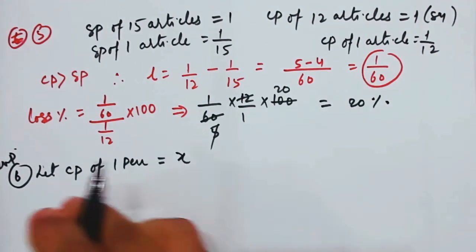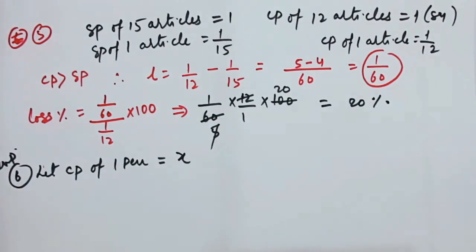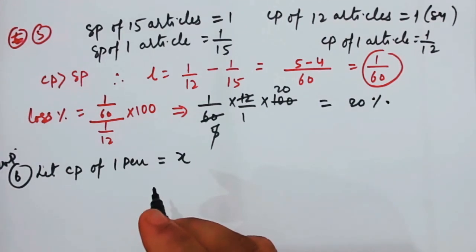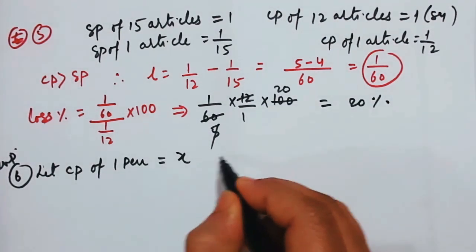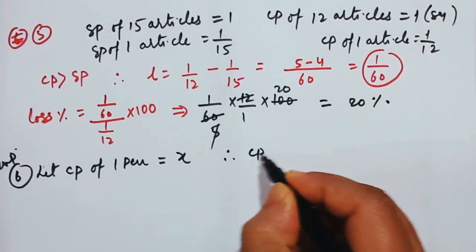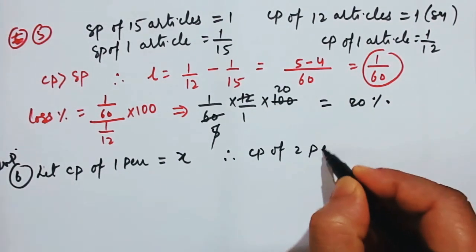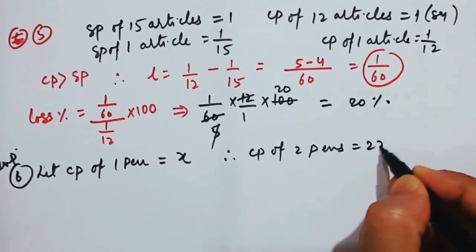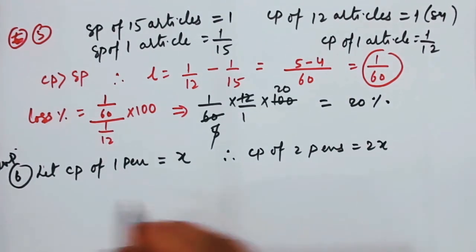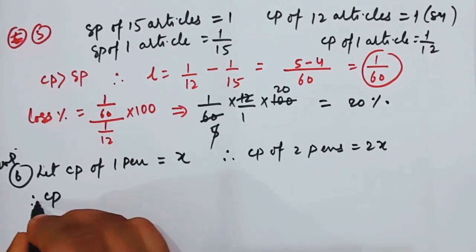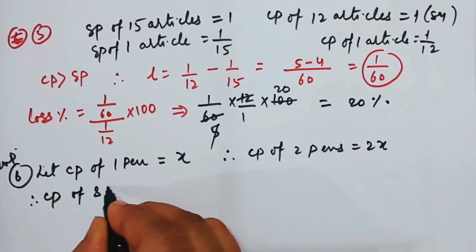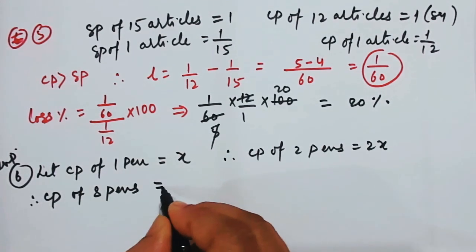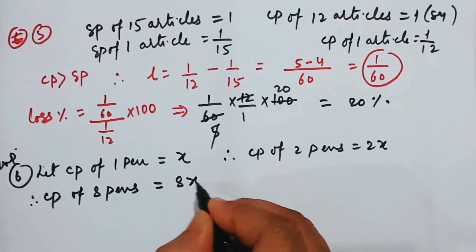So when the cost price of 1 pen is x, the cost price of 2 pens will be 2x. Therefore the cost price of 8 pens will be equal to 8x.